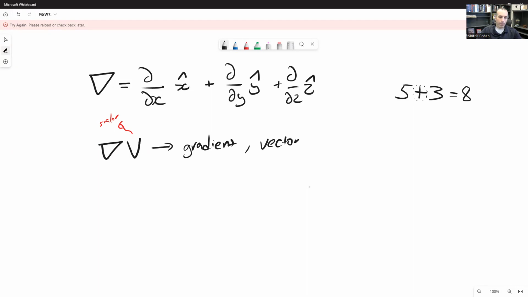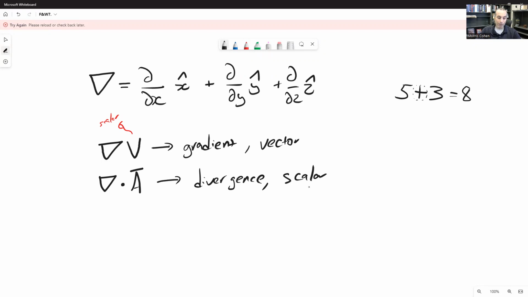We'll cover that later. You could also take this del operator and take the dot product of that with a vector field A. This could be something like wind, which has intensity and a direction associated with it. If we do that, that's going to be something called divergence. That will result in a scalar since a dot product gives us a scalar.